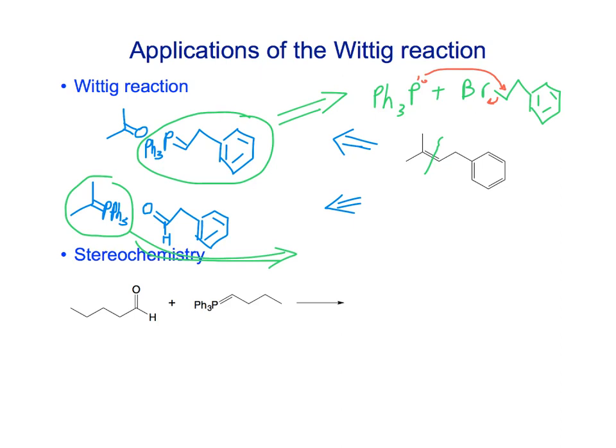Okay, so then the carbon where the phosphorus is attached would start out, say, being a bromide plus the triphenylphosphine, right? And that first step would be an SN2 substitution like this.